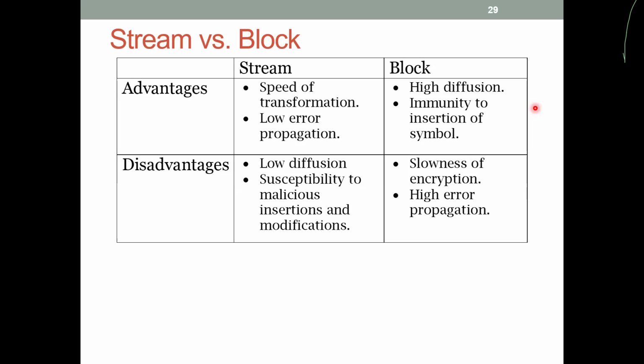If you change one character, it impacts the entire message. If your message has 16 characters and you take 16 characters together, then a small change in one character changes the entire cipher text. That is high diffusion.